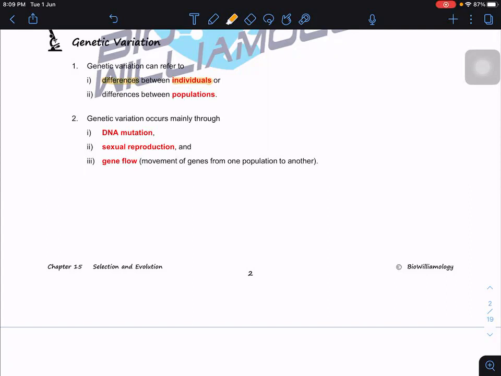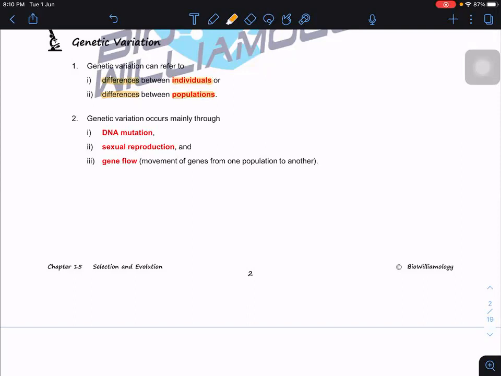And also genetic variation can refer to difference between populations, between us and Africans, between us and Latin Americans, between us and, for example, Japanese. Those are different populations. So we're going to look at how different this genetic variation is.